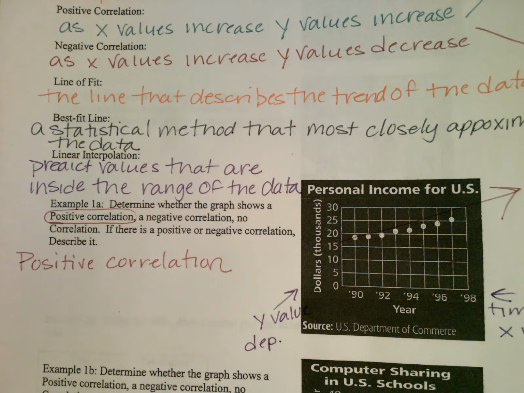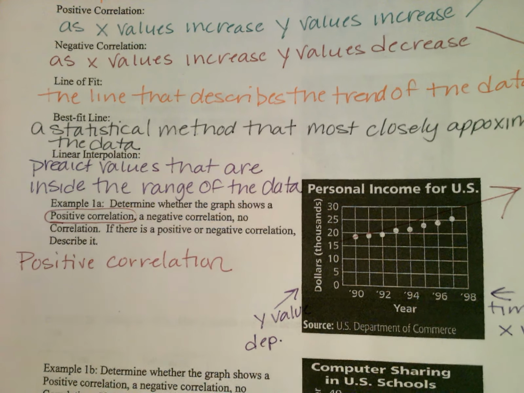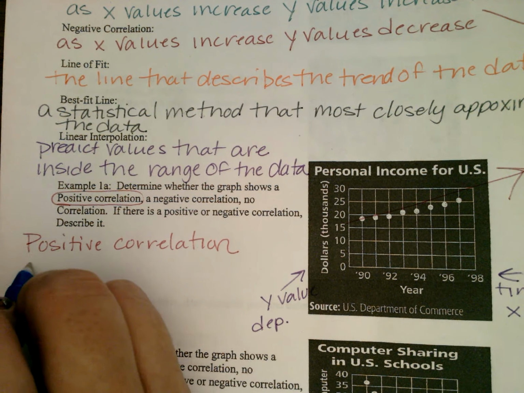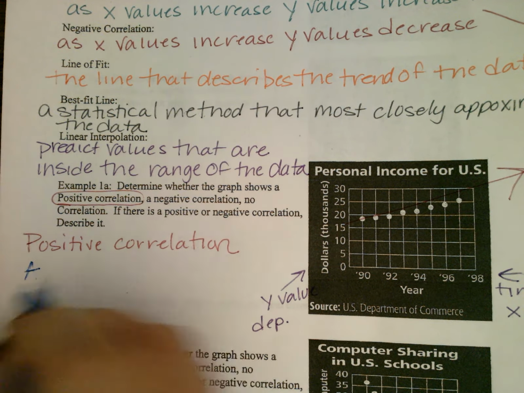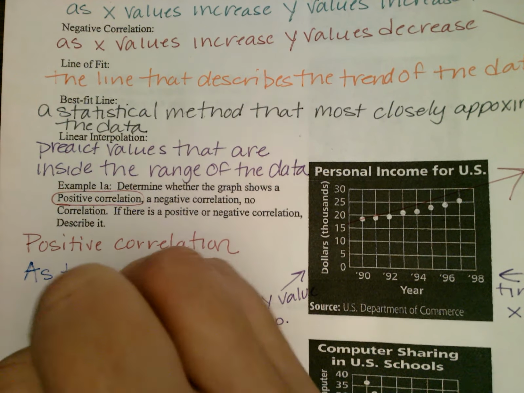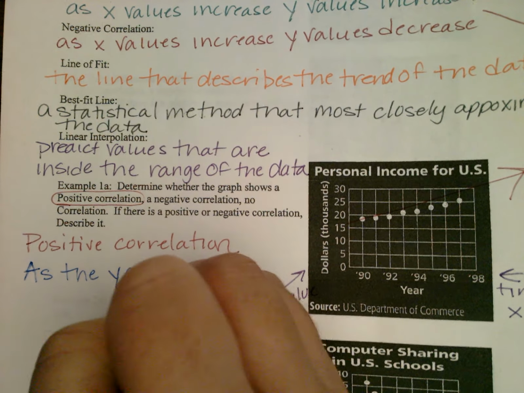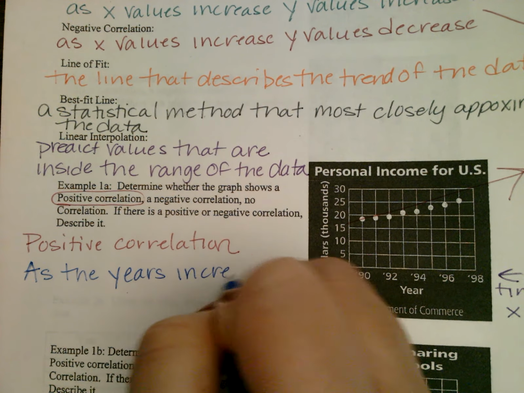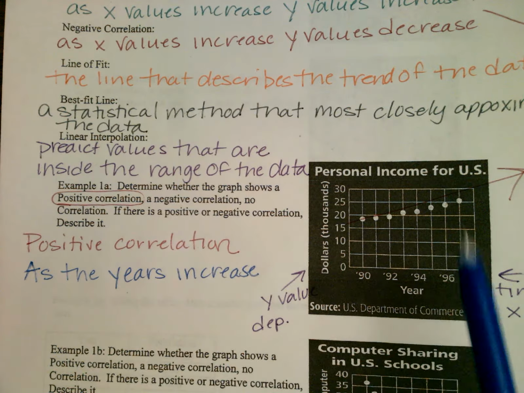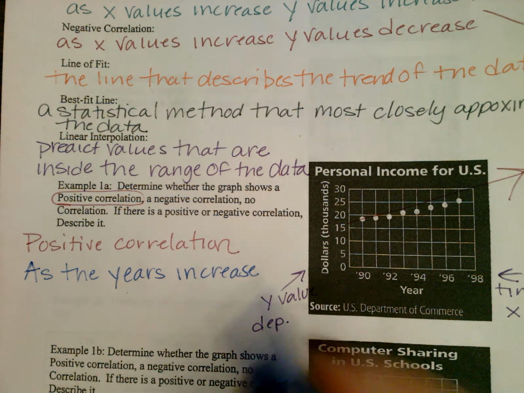Identify it as a positive. If there is a positive or negative correlation, describe it. Do not just say it goes up. How I would like you to say, as the years increase, remember, the x values increase in this situation.